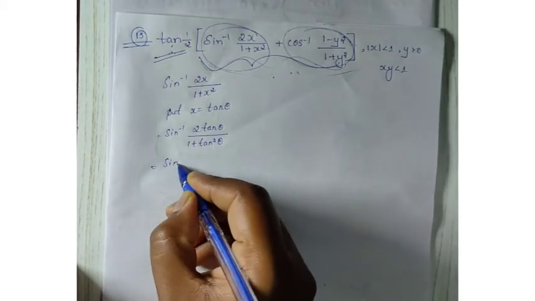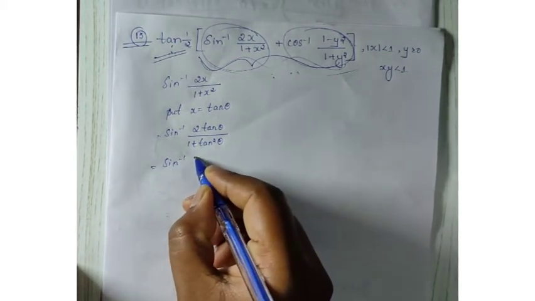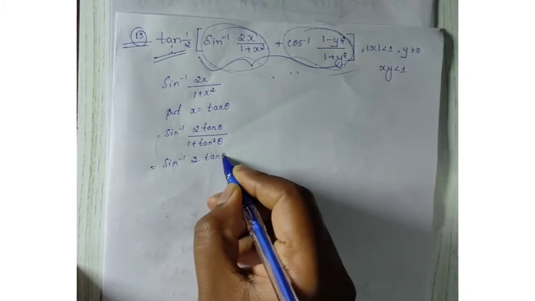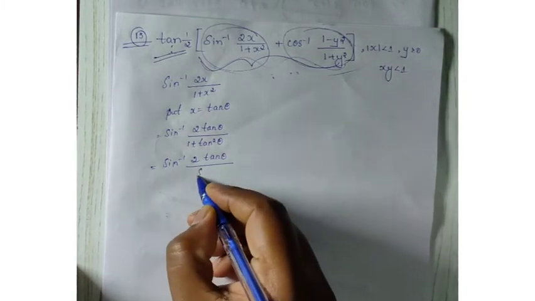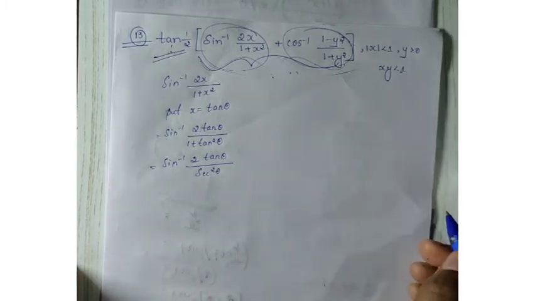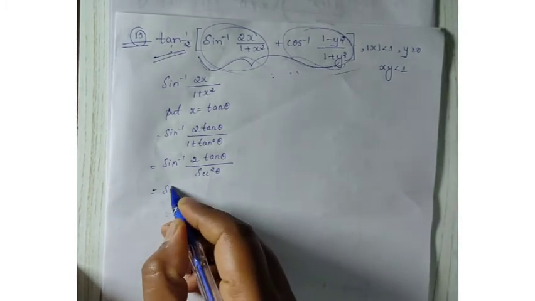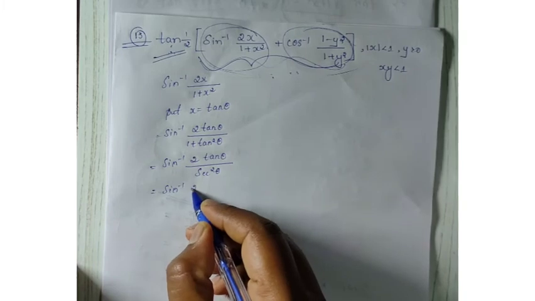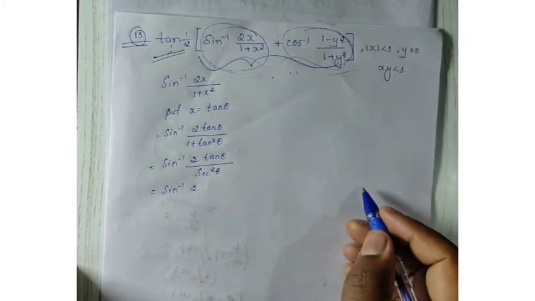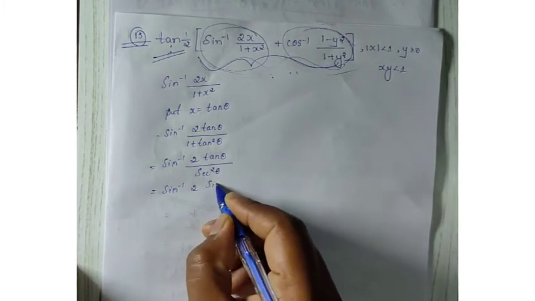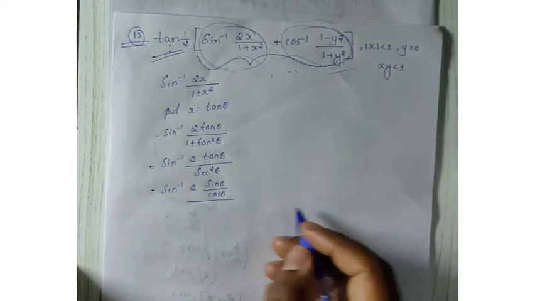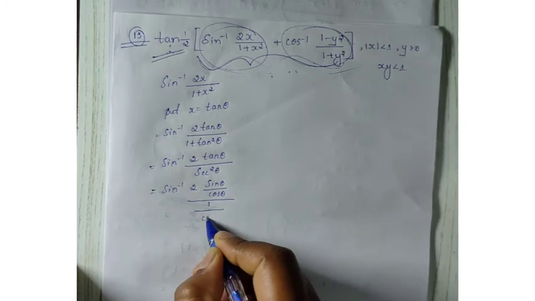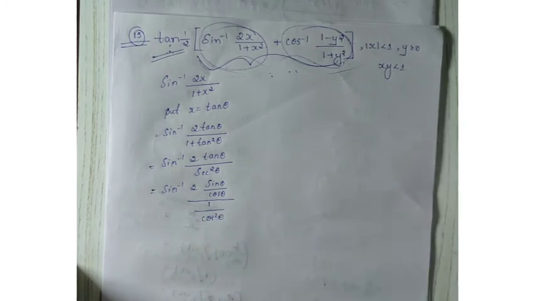So this is sin inverse 2 tan theta by 1 plus tan square theta, which is nothing but secant square theta, right? So then sin inverse 2 tan theta can be written as sin theta by cos theta divided by secant square theta, which is nothing but 1 by cos square theta.